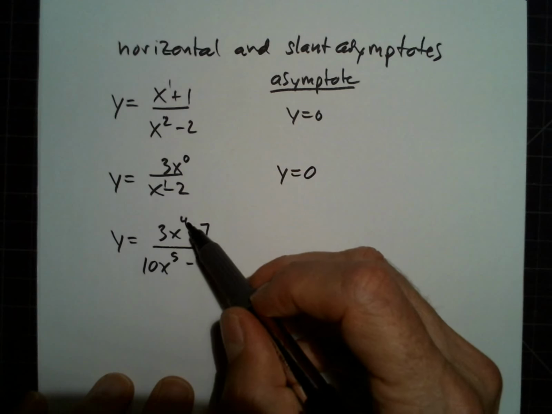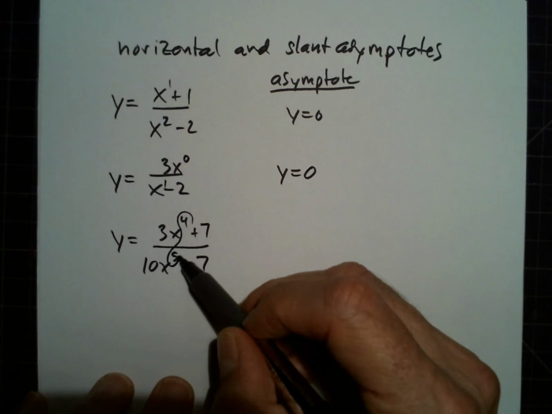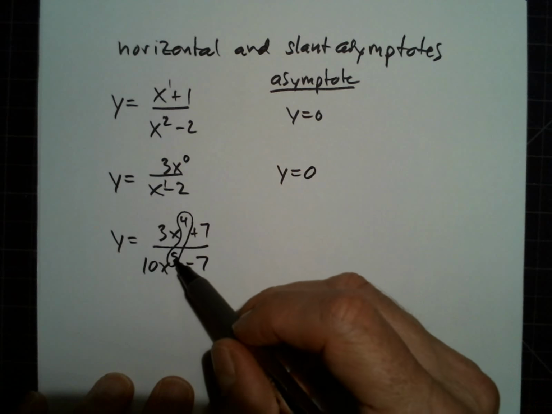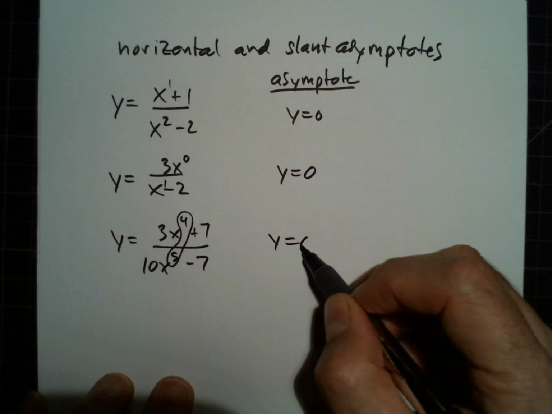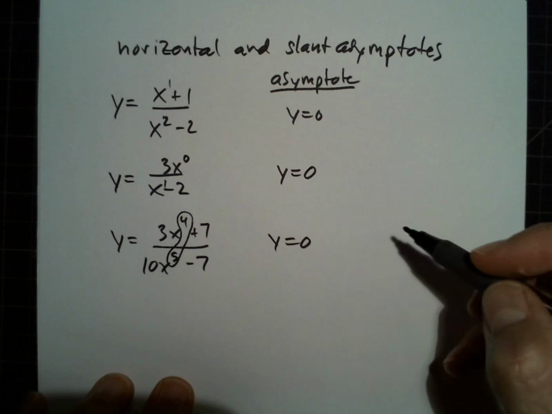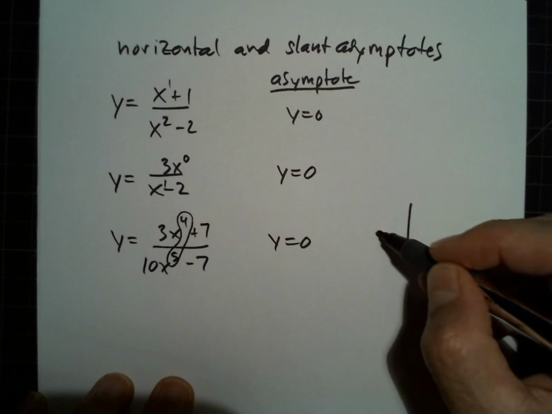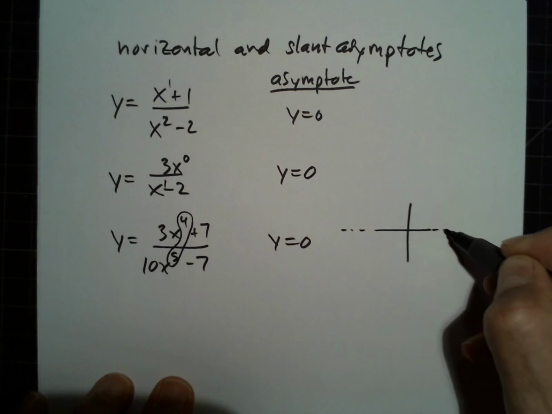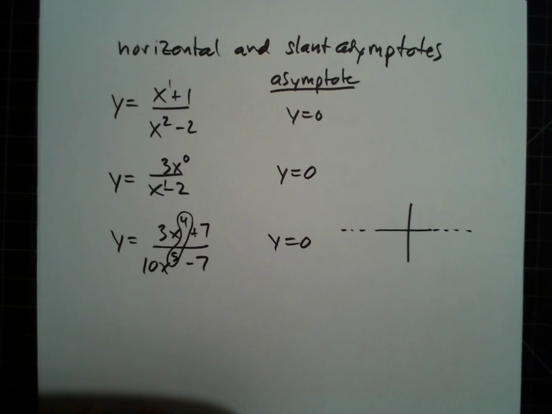We compare the exponents of 4 and 5. We're looking at this, and the denominator is a higher degree, so the horizontal asymptote is y equals 0. And when we talk about y equals 0, we're talking about that line. So we know that's going to be the horizontal asymptote.